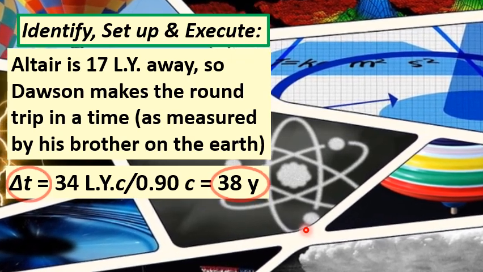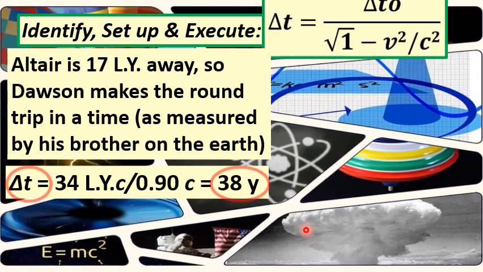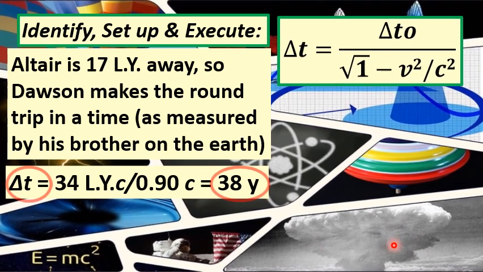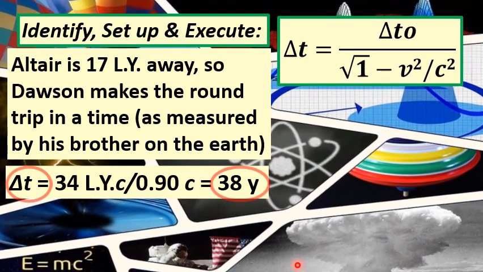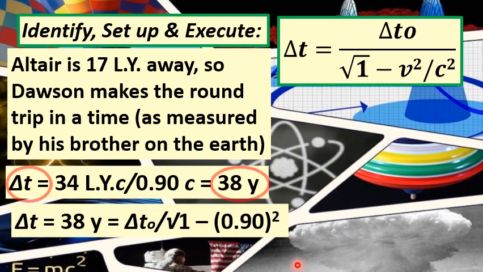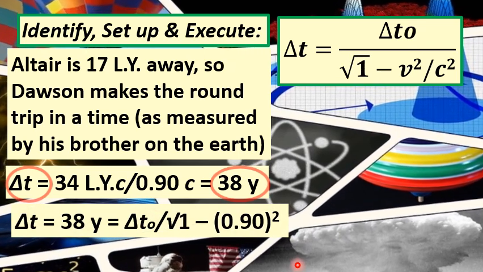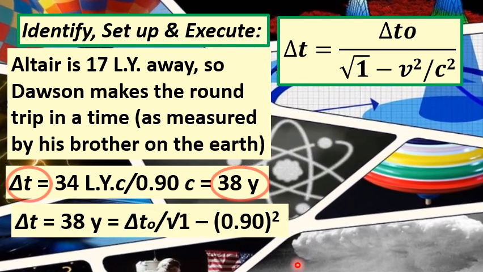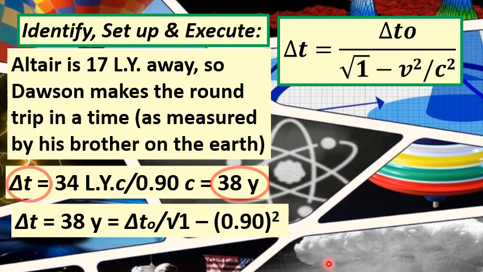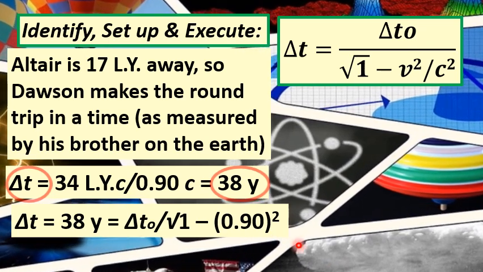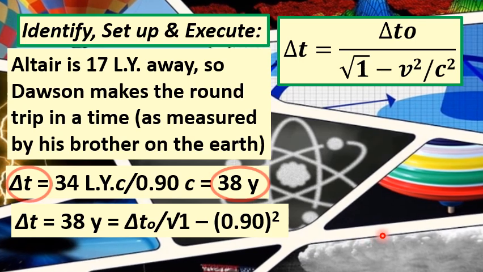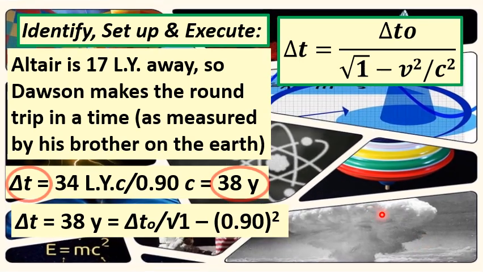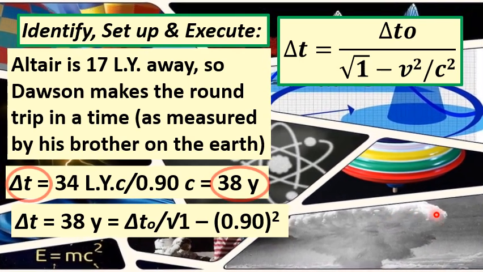So, again, based on the time dilation equation, where the delta t equal to 38 years is equal to t naught divided by the square root of 1 minus quantity 0.90 squared.